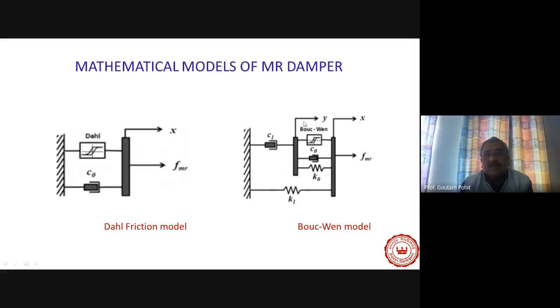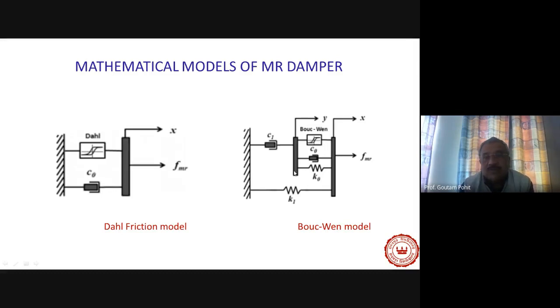This is, I think, the most used model for the MR damper, and it can very effectively represent the properties of the MR damper.